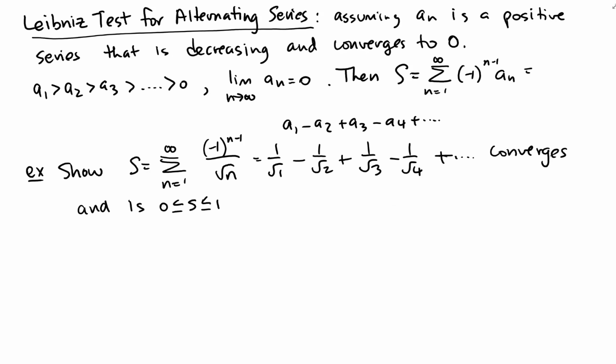So we'll go back to this series that did not absolutely converge, but we'll see if it actually does converge, and we'll even see if we can find that the sum, the infinite sum, is between 0 and 1 as well. So the actual terms of a sub n, which is 1 over the square root of n, these are all positive and decreasing.